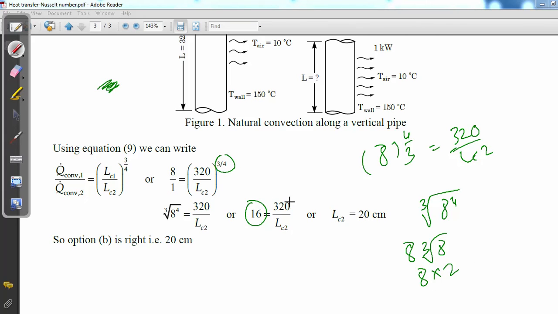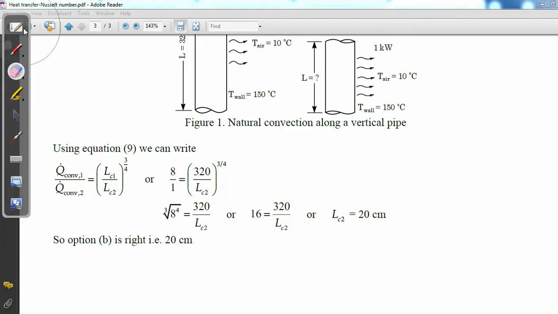So 16 equals 320 upon Lc2. So Lc2 will be 320 divided by 16, which is 20 centimeter. So the length of the pipe will be 20 centimeter. Now you will need only a 20 centimeter length pipe.